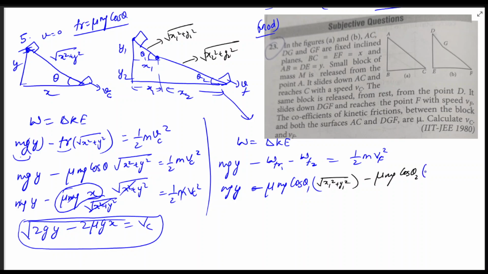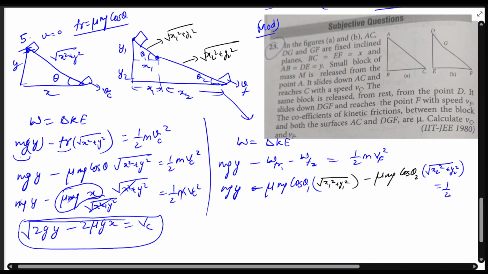Cos theta 2 into distance root x2 square plus y2 square, and it will be half m vf square. So if I put cos theta 1, it will be x1 by this, and this will get cancelled, so we'll be left with x1.